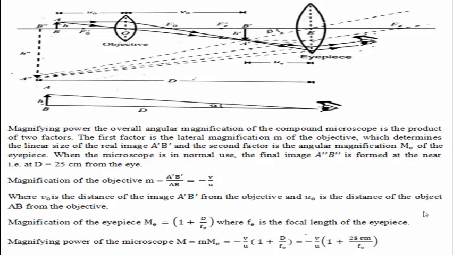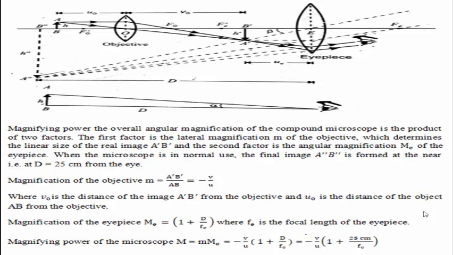Magnification of the objective m equals A'B' divided by AB equals minus V0 divided by U0, where V0 is the distance of the image A'B' from the objective and U0 is the distance of the object AB from the objective.